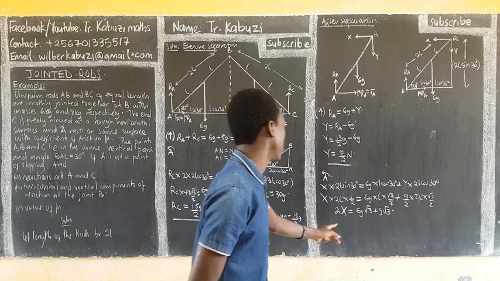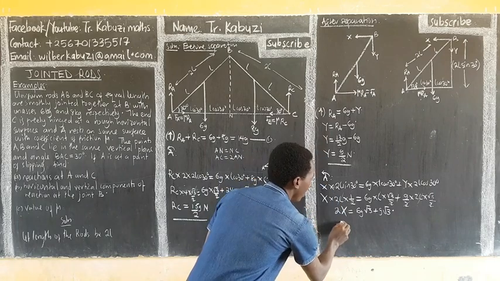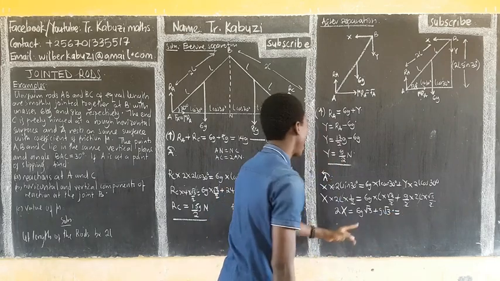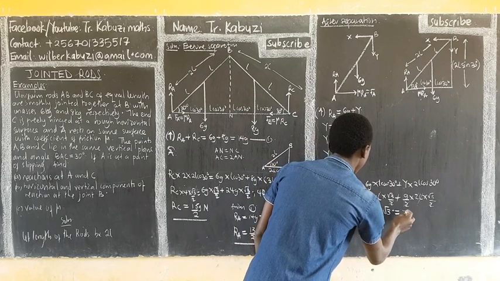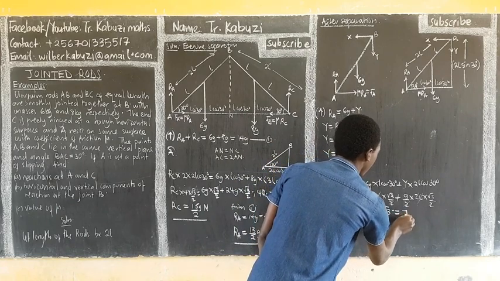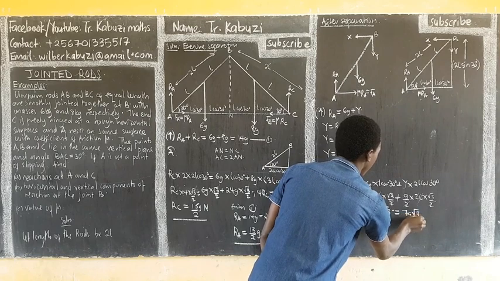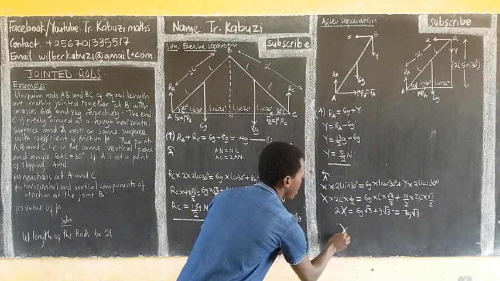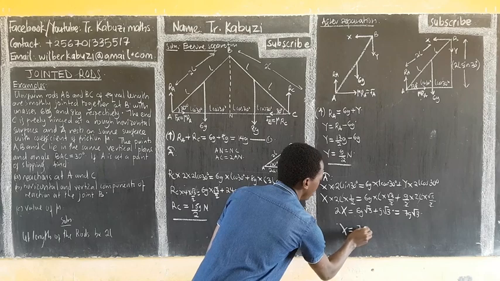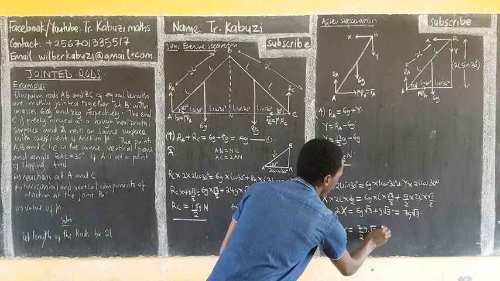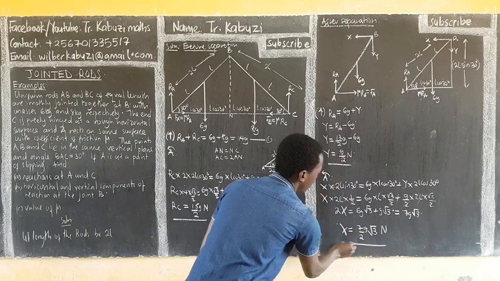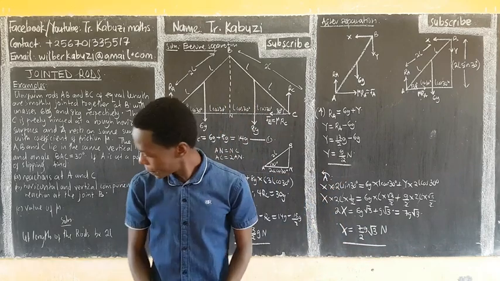So this gives us our x: when we add 6 and this we get 7, so 7b root 3. So now our x is going to be 7b over 2 root 3, and these are going to be meters.